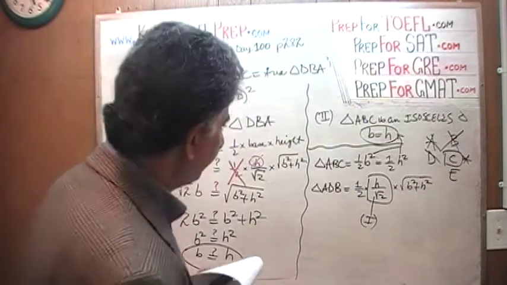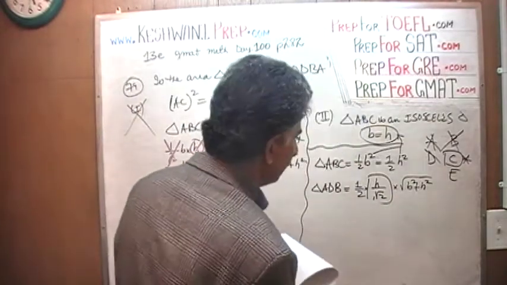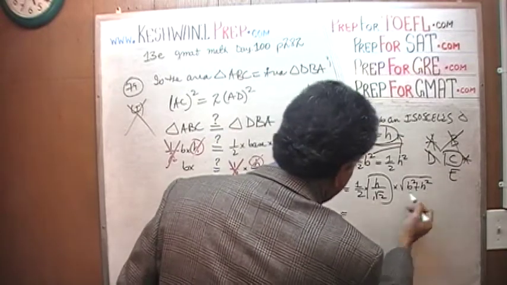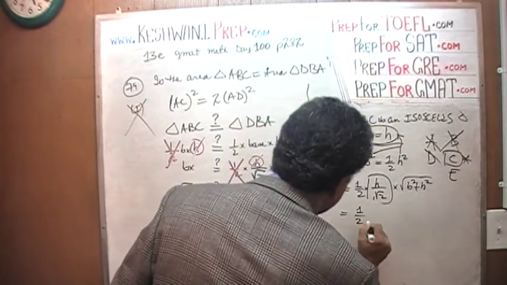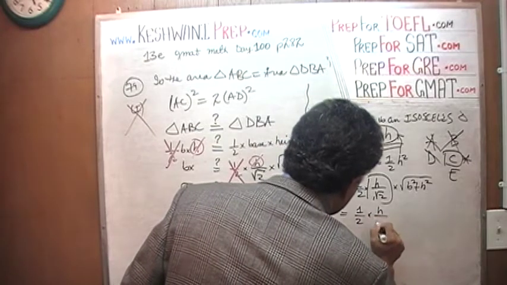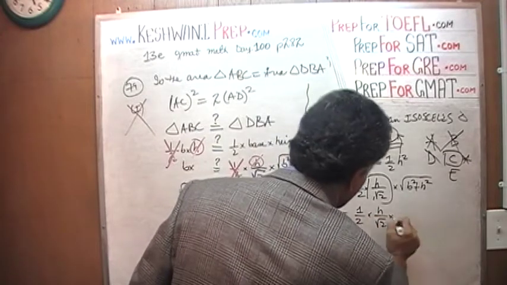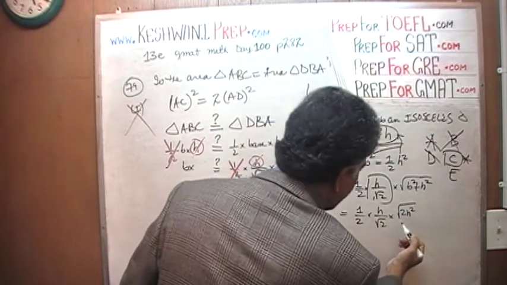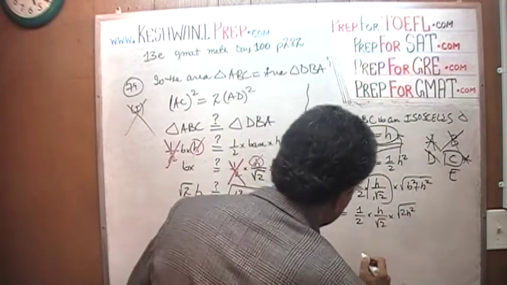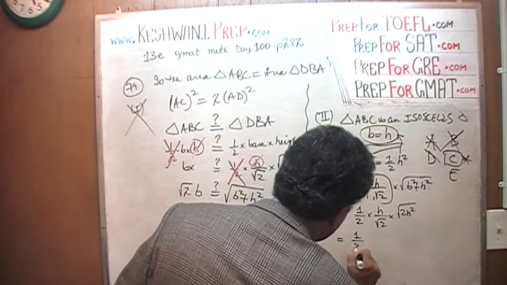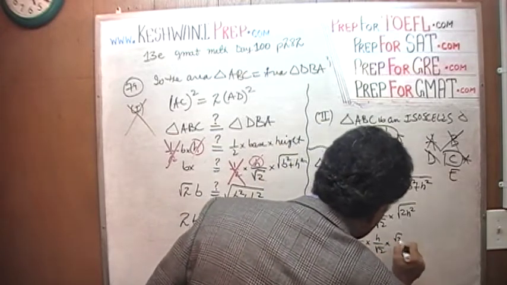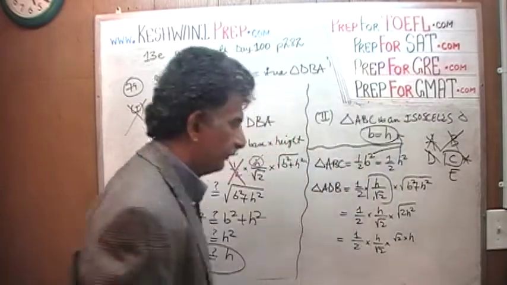Let's see what we can do here. Since b squared equals h squared, this is the same as 2 times h squared, which of course is the same as 1/2 times h over √2 times √2 times h.